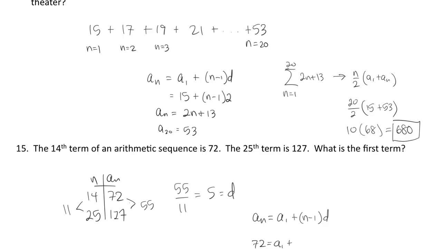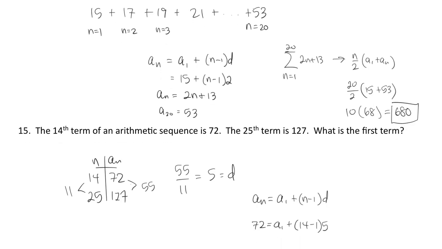We don't know the first term. The n value for 72 was 14, minus 1 times 5. So 14 minus 1 is 13. And then 13 times 5 is 65. If we subtract 65 from 72, we get 7.